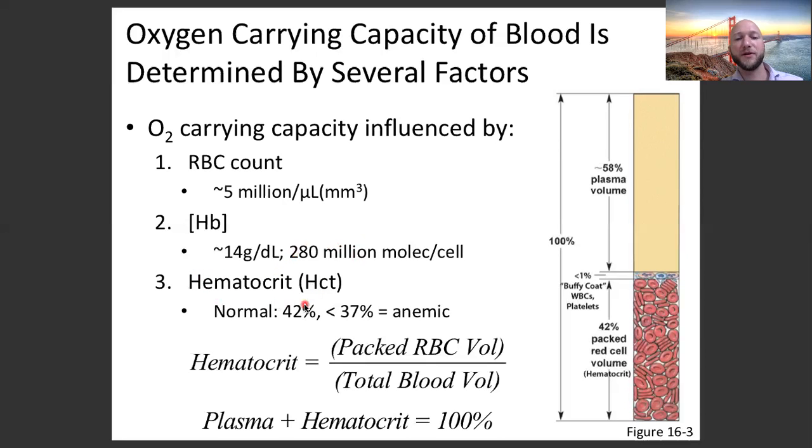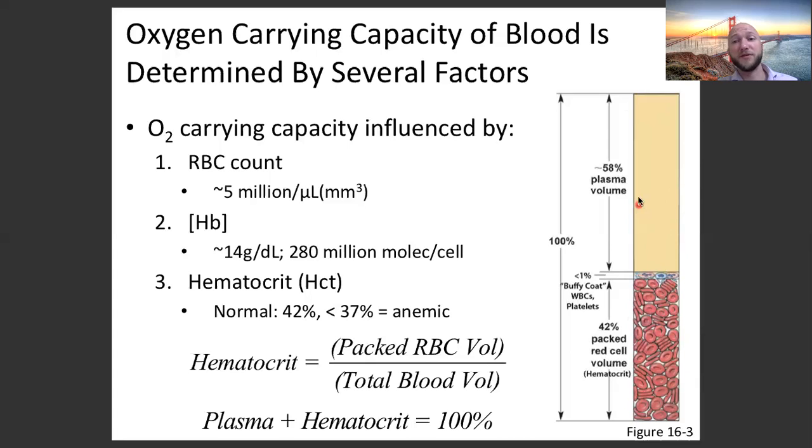And then hematocrit, or HCT. Hematocrit is the packed cell volume of a centrifuged sample of blood. We would do this in lab if we were meeting in person. We'll talk about this in lab. What you do is take a capillary tube of blood and spin it in a centrifuge.